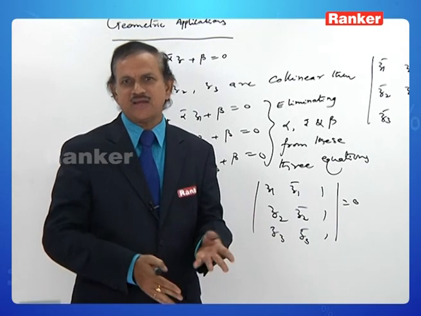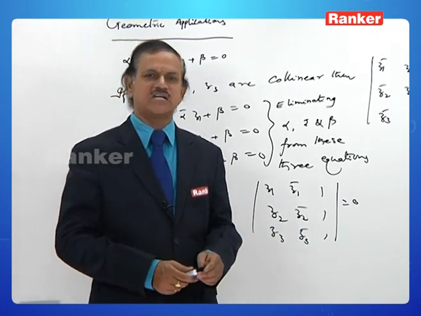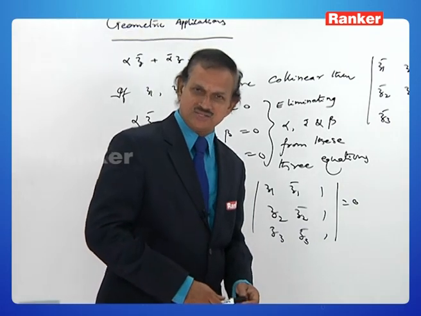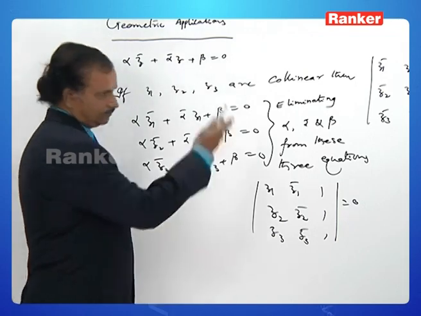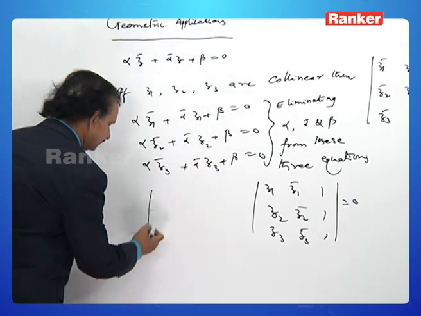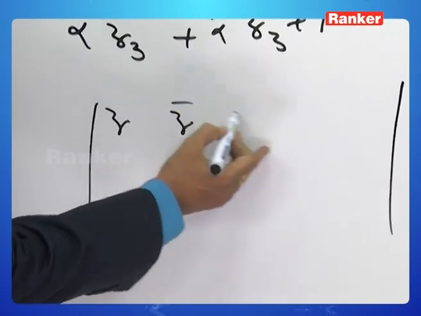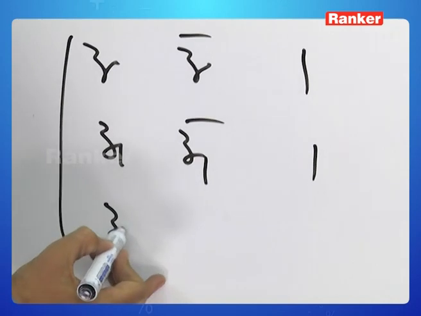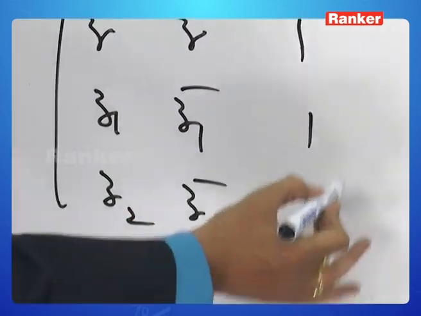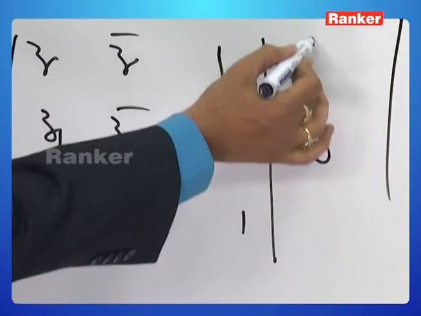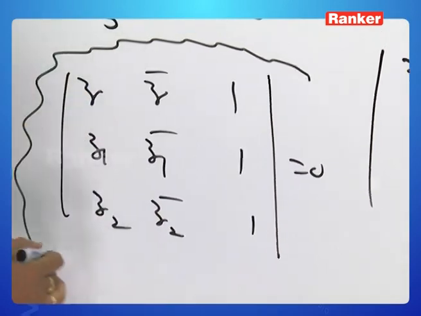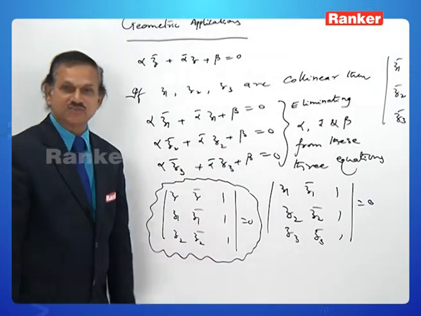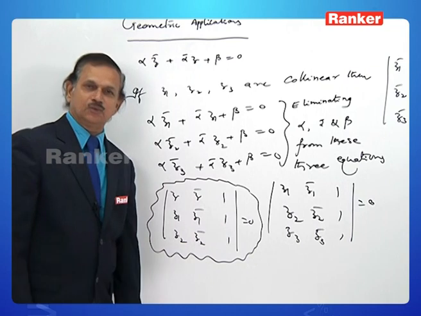Now we get ready to know the equation of a straight line joining 2 points Z1 and Z2 without using any parameter. How can we make that? Simply by looking at that: the determinant z bar, z, 1; z1 bar, z1, 1; z2 bar, z2, 1 is equal to 0. You can take this as the equation of a straight line joining z1 and z2 here.